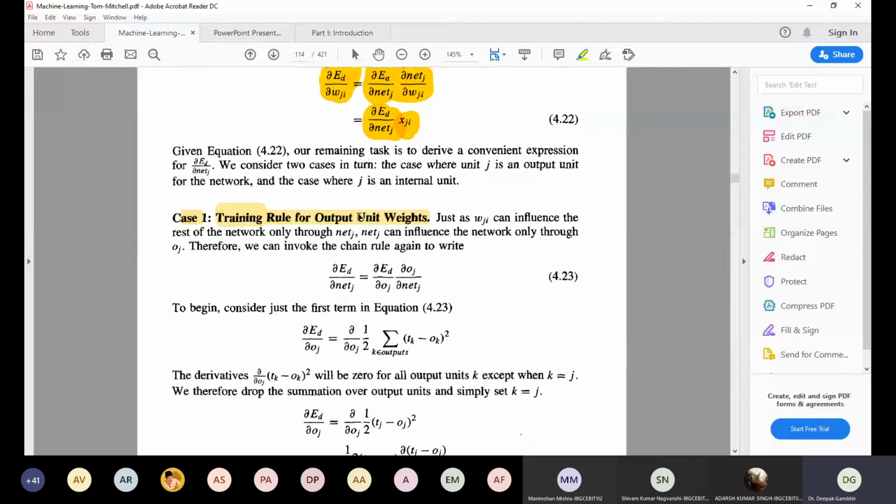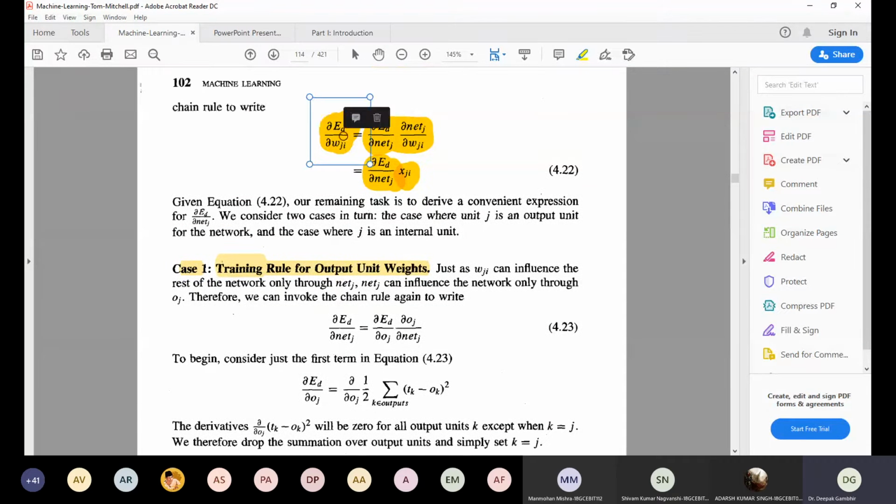We have already computed that our target is to compute the error with respect to W, but when we use the chain rule, we get the partial derivative of E_d with respect to net_j times x_i. So our next target is to compute the partial derivative of the error for the training example d with respect to net_j.